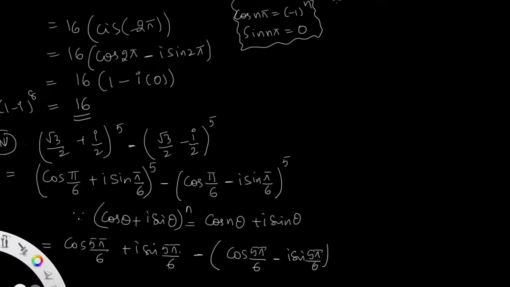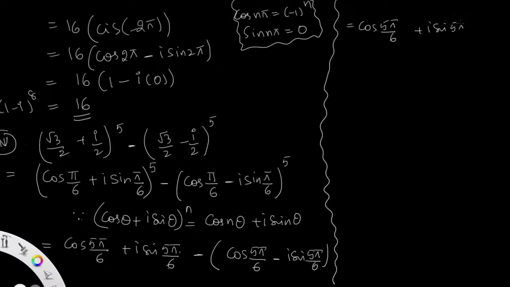That is the expanded form. To write the simplified form, cos 5 pi by 6 plus i sin 5 pi by 6 minus cos 5 pi by 6 plus i sin 5 pi by 6, just with the bracket opened.